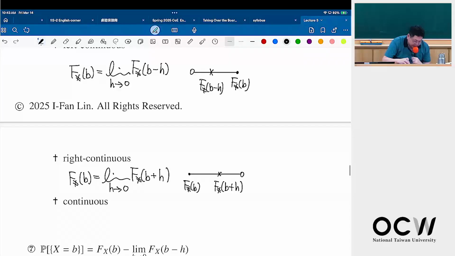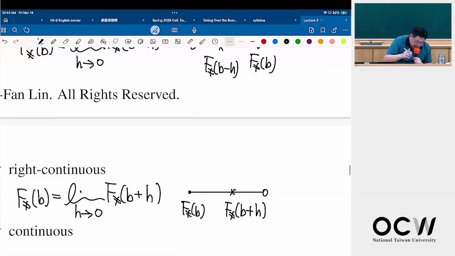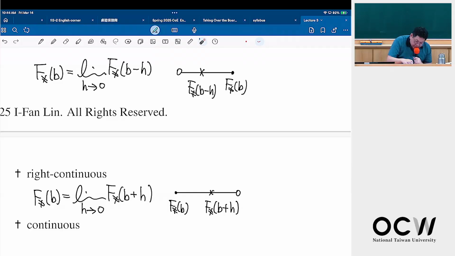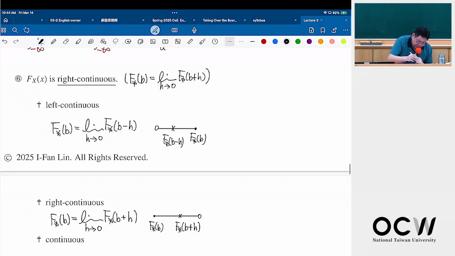And of course, we have continuous, just called continuous. That means no matter if your point is right or left, they will all converge to your point when h goes to 0. And which means these two should be equal.